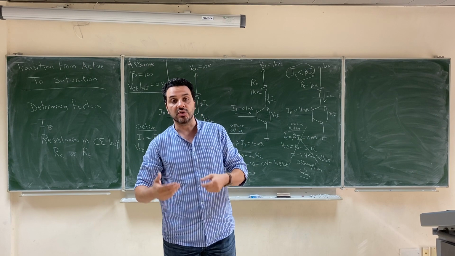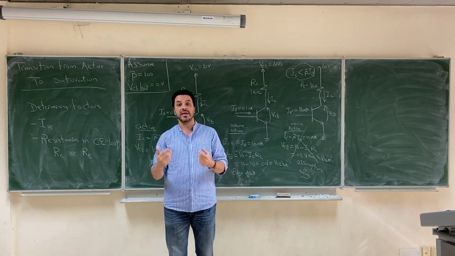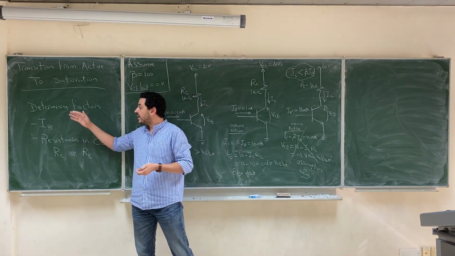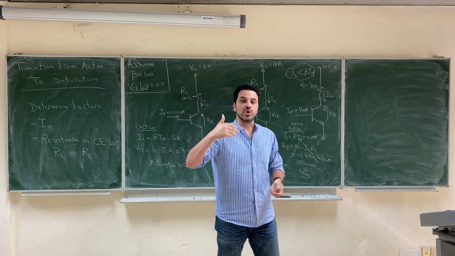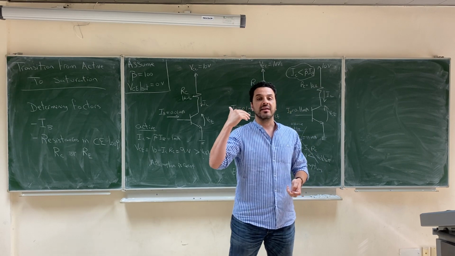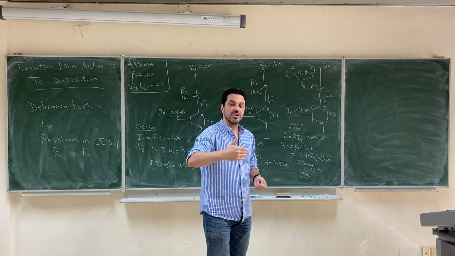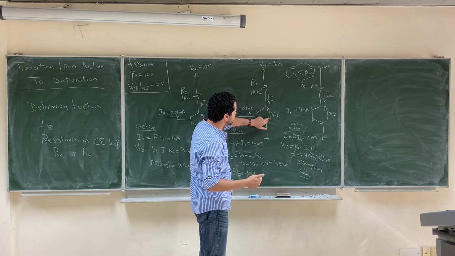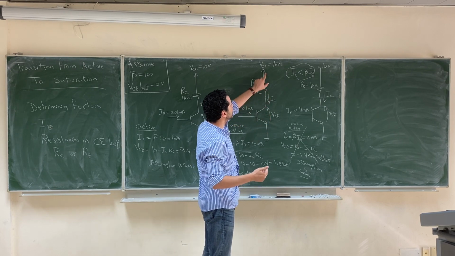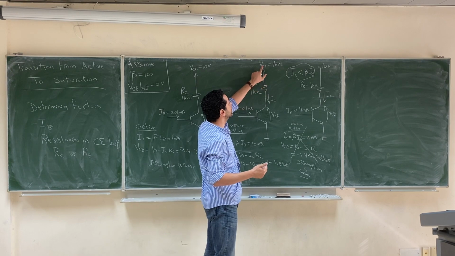So the first reason that the transistor enters the saturation region is increasing I base. If you keep increasing I base, the transistor will stay in the active region until you reach a point where VCE reaches 0. The drop across the resistor here is equal to 10 volt, or equal to VCC.